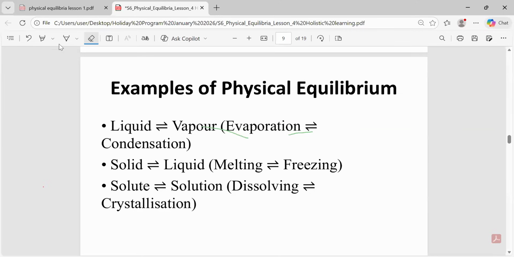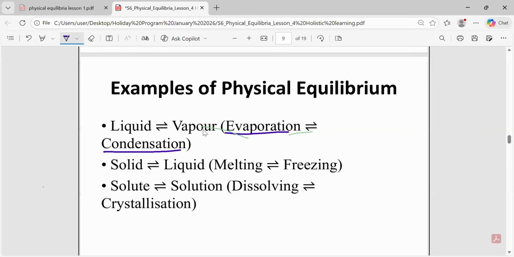So in brackets, they're trying to explain that evaporation is at equilibrium with condensation, which means that the liquid part of the water in the system is equal to the vapor part. What I mean is that the rate at which evaporation is occurring is equal to the rate at which condensation is occurring. So the whole process takes place at equilibrium.